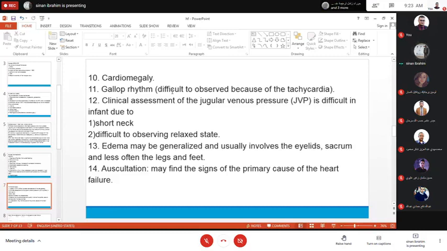If we hear a holosystolic murmur, for example, in the tricuspid area, fourth intercostal space, we should think of VSD, and maybe VSD is the cause of the patient's heart failure.